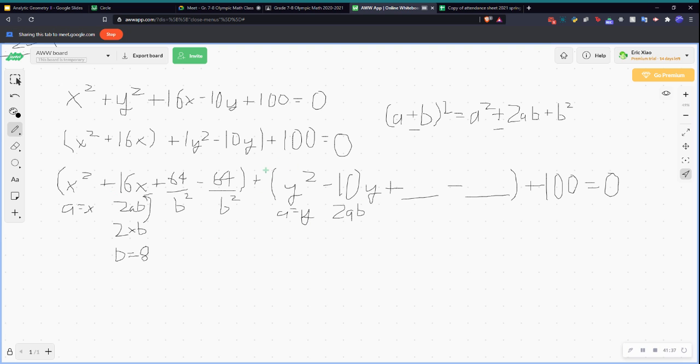Now let's look at the next one, the y terms. Someone tell me what to put in these blanks. What should I put in these blanks right here?